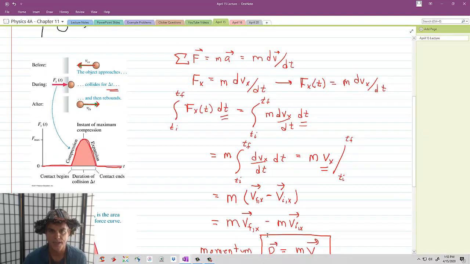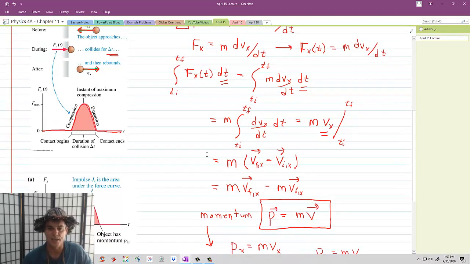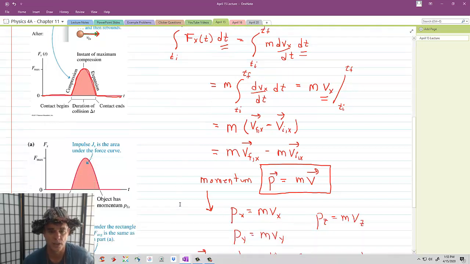This left-hand side we still haven't dealt with, but the right-hand side is mass times final velocity in the x direction minus mass times initial velocity in the x direction, which is really my final momentum minus my initial momentum in the x direction.